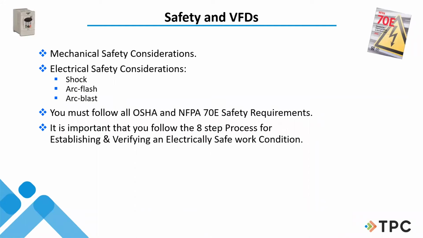In 70E, it goes right down through the steps on how we're supposed to turn the power off and how we're supposed to put things in safe conditions. Not every possible piece of equipment will fit into the 8 steps, but most of it does. All we're trying to do is put that machine into a safe condition so nobody gets hurt.